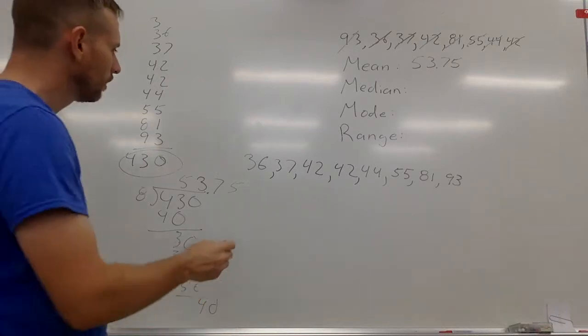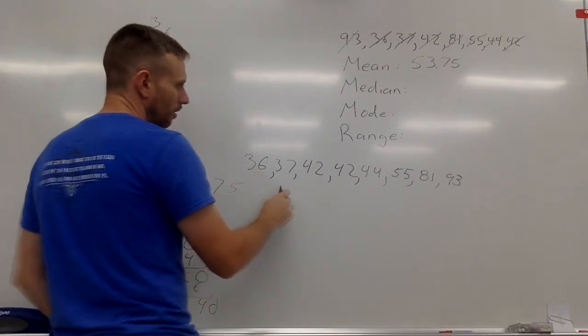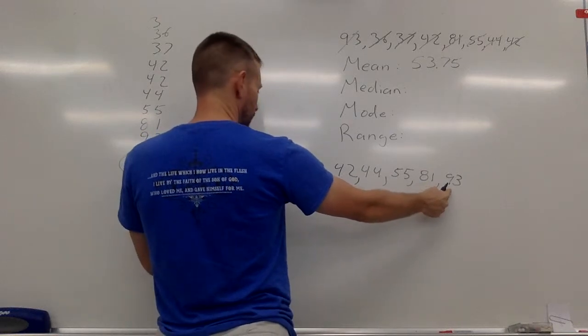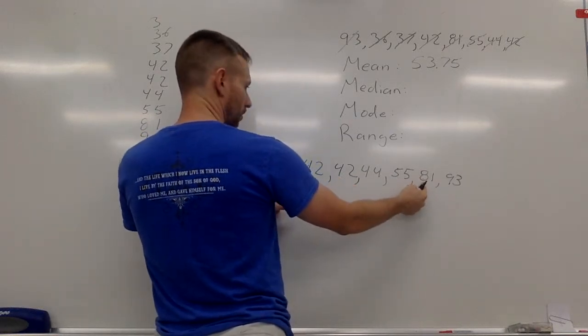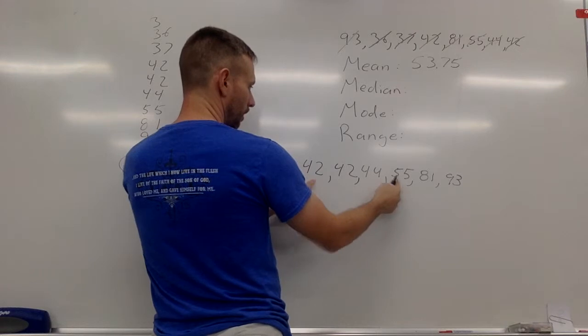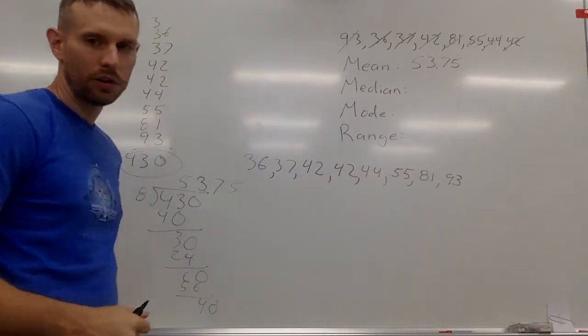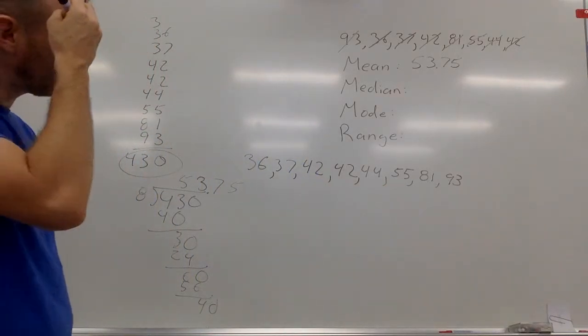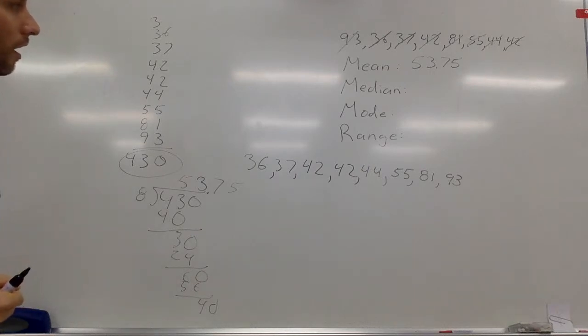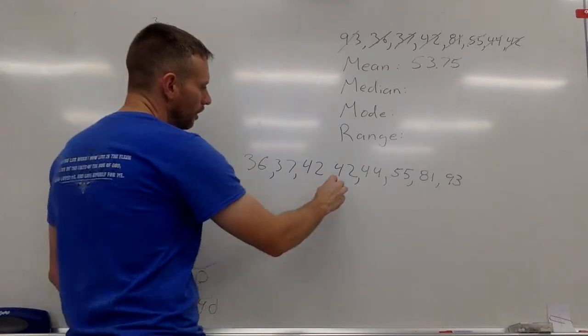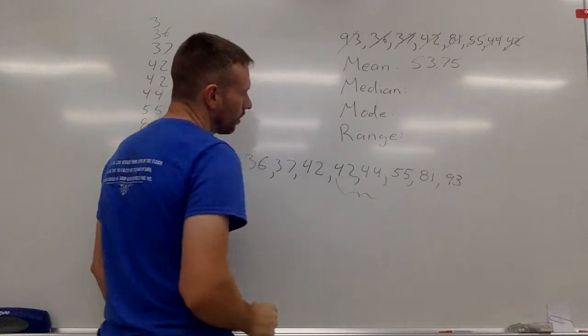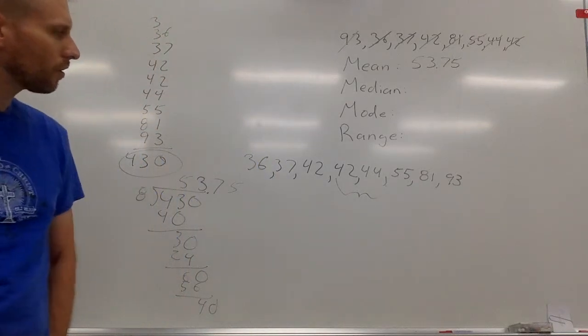The median, well, let's see. We'll go in from the outside: 1, 2, 3, 4. We have 42 and 44. Since we have an even number of values, we need to take the mean of those two.